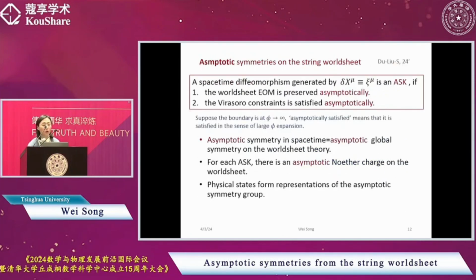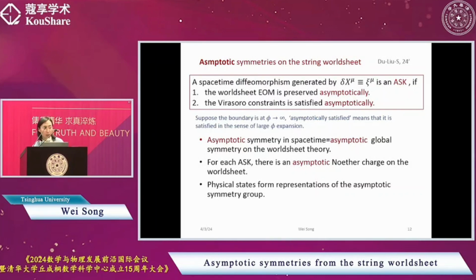Now, the proposal we have is that for asymptotic symmetries on the string worldsheet, the requirements and the properties are very similar to the exact symmetries. We just need to replace the requirement that the equation of motion is preserved.